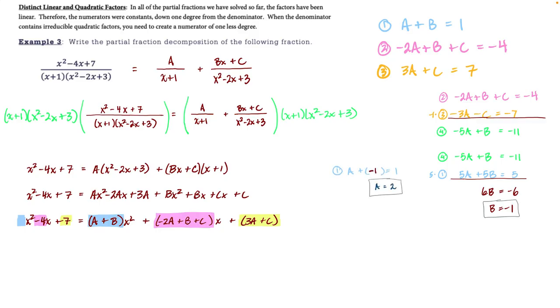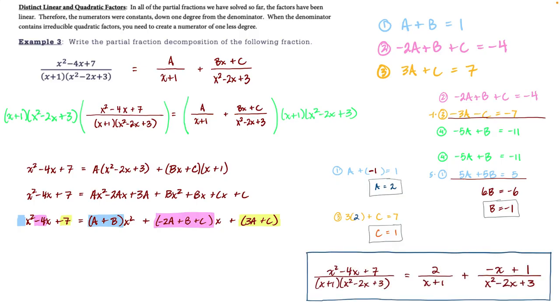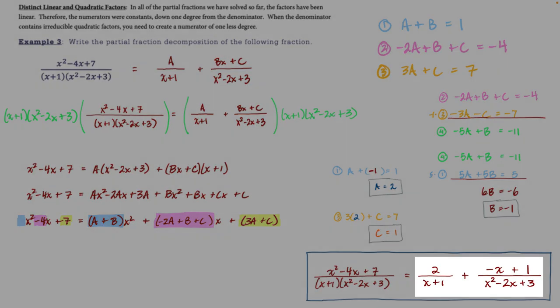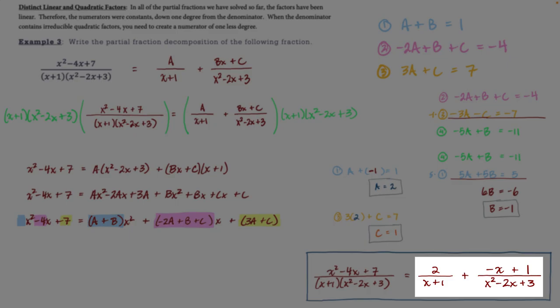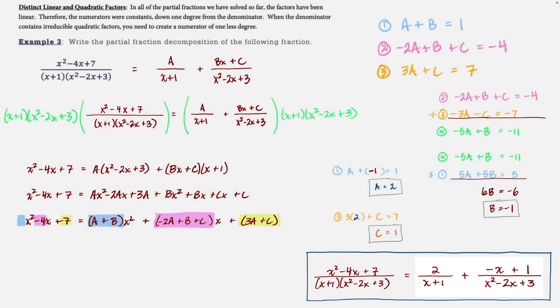And then pretty easily we can substitute some values back in, find out that a is 2 and c is 1. And no other tricks other than when you replace a, b, and c, b and c are both going to be in the numerator of the second fraction. So that's why I have a negative x plus 1 as that numerator.